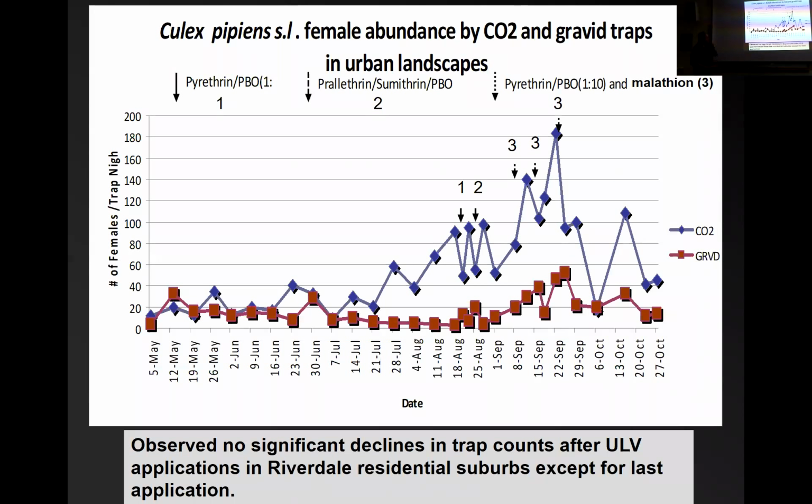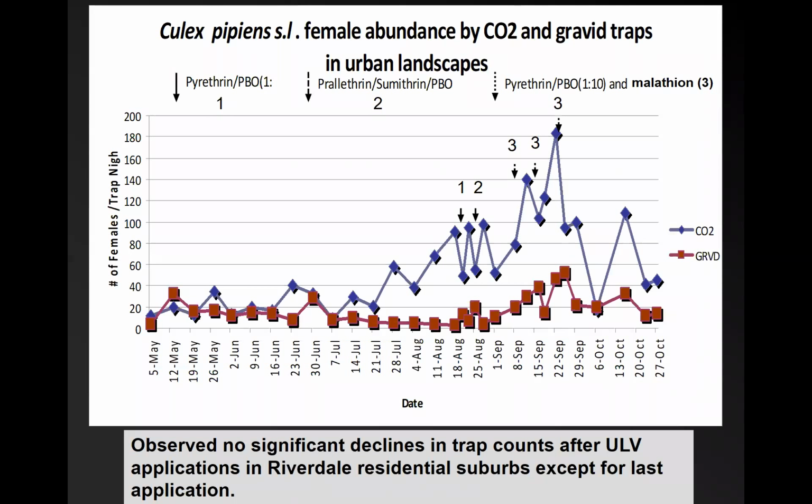So this is a little town called Riverdale, and we applied pyrethrin plus PBO in August for 2 weeks, and then we applied permethrin, sumethrin, which is Duet, a week later, and then we also applied pyrethrin and malathion 3 times the following month, and only then did we see a reduction.